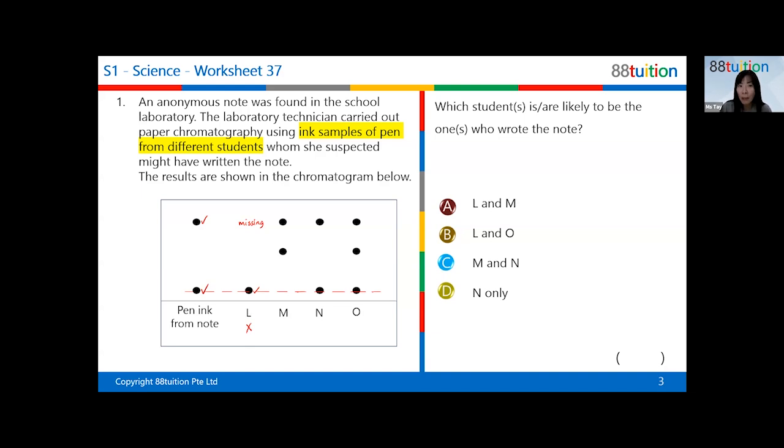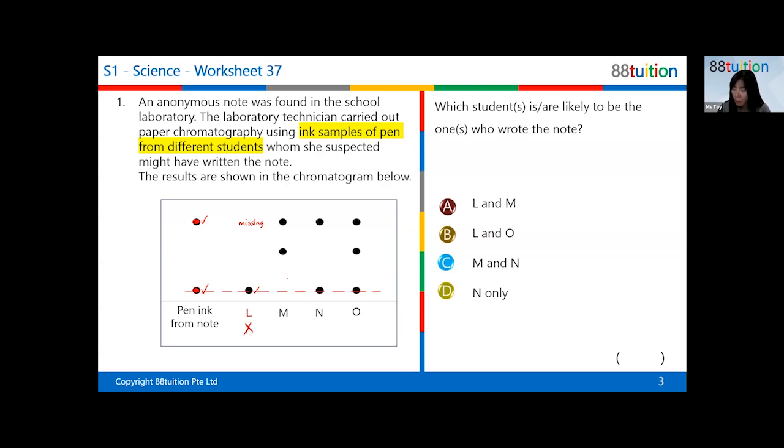The note's pen ink has indicated that there are 2 spots in the chromatogram from this particular sample. So because pen L has 1 missing spot after carrying out the chromatography, this is not the pen we are looking for.